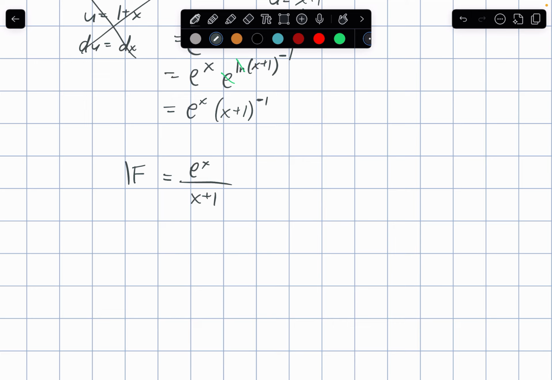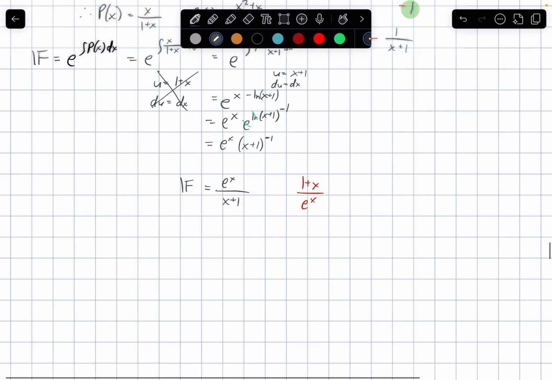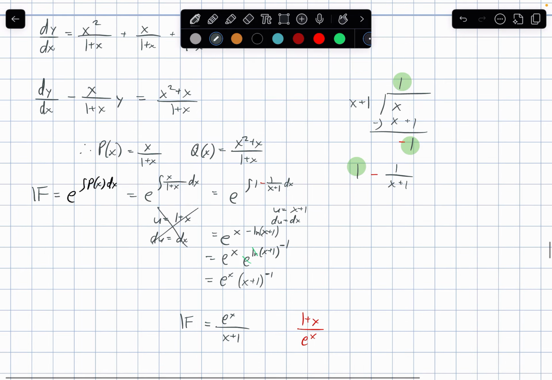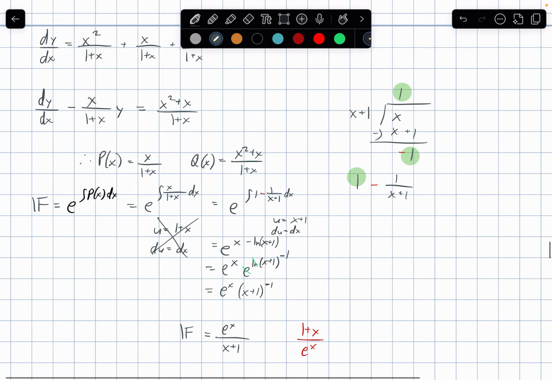It's pretty similar. What I'm seeing right now is that the integrating factor is said to be 1 plus x over e raised to x. It's exactly the opposite of what we have right now. Although it's essentially the same terms. What could have possibly gone wrong?